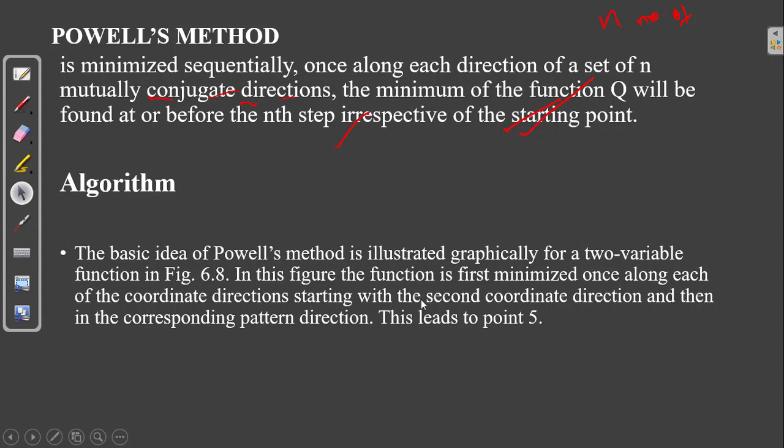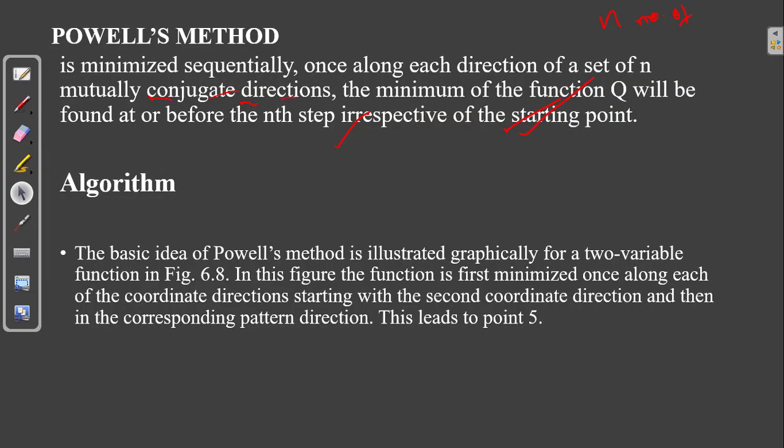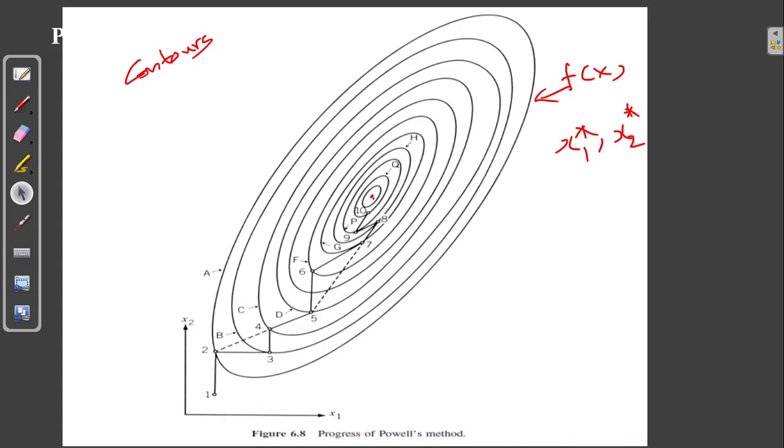In this figure 6.8, for any unconstrained optimization problem, we should choose an initial point x0, or x1, and that x1 is this one.